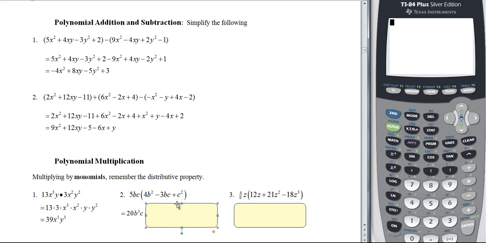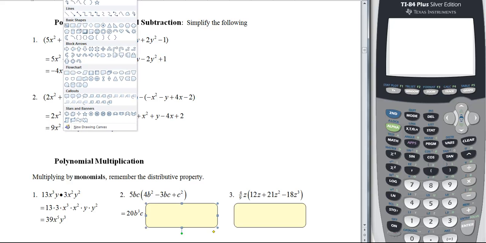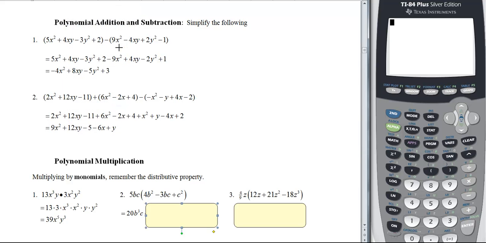A little bit more. Okay. So that first multiplication's done. Now do an arrow. I like to do arrows. Let me see if I can insert an arrow real quick. I don't know if I'm going to be able to get a nice arrow. Probably not. Let's see.